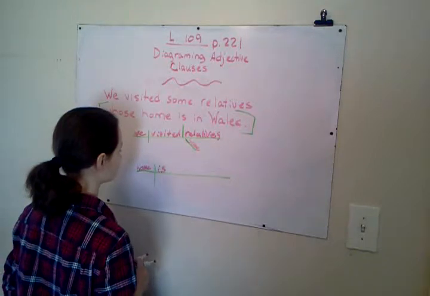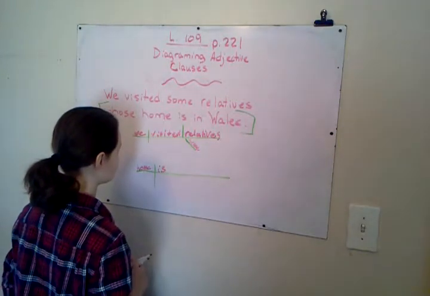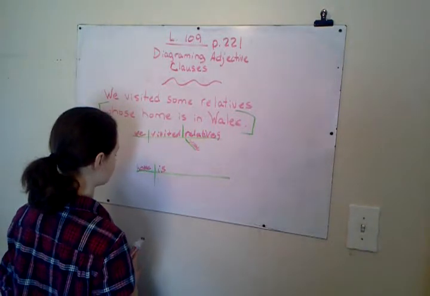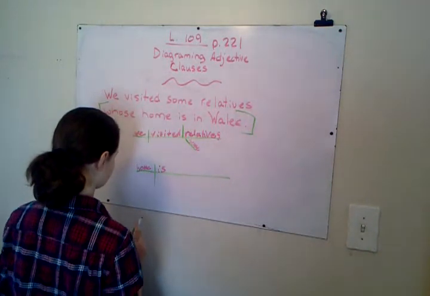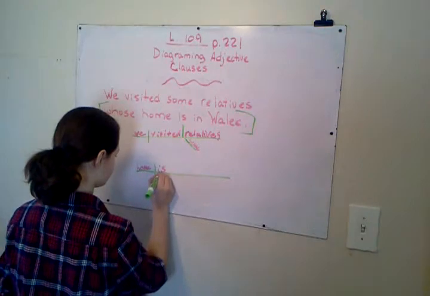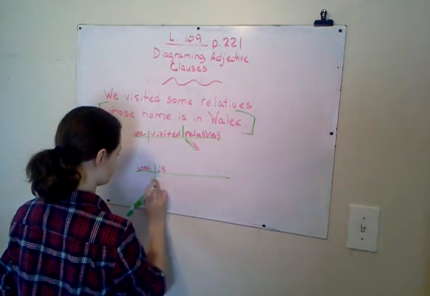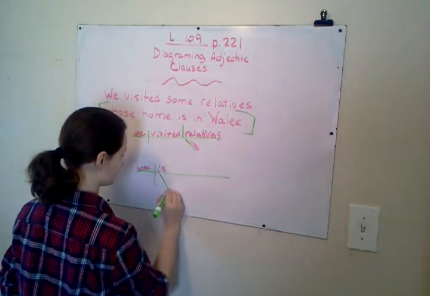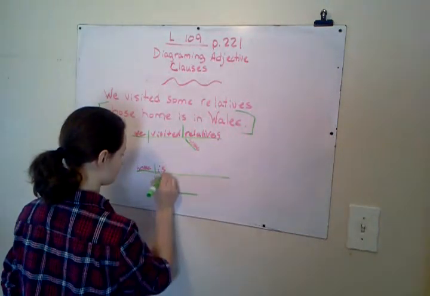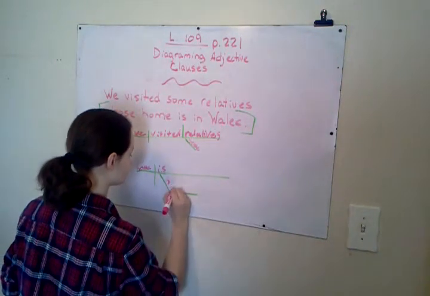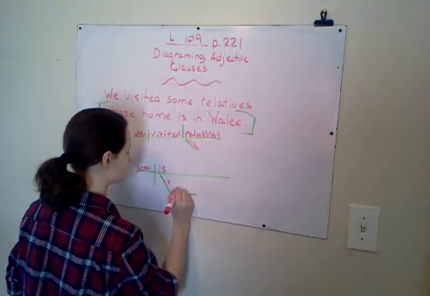So what do we do with in Wales? In Wales is a prepositional phrase, so it has to hang below the word it's modifying. It's modifying is because it's telling you it is where. That's an adverb question. So the prepositional phrase is doing an adverb job, but nevertheless, it hangs below the line. The preposition in goes on the slanty line, and the object of the preposition Wales goes on the object of the preposition line.